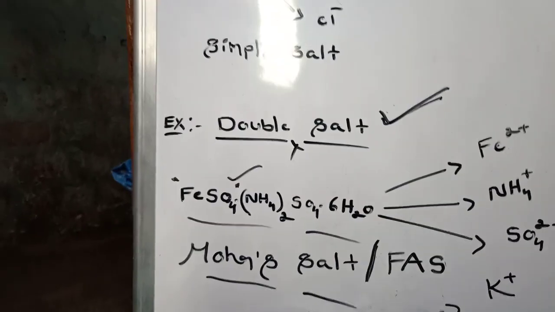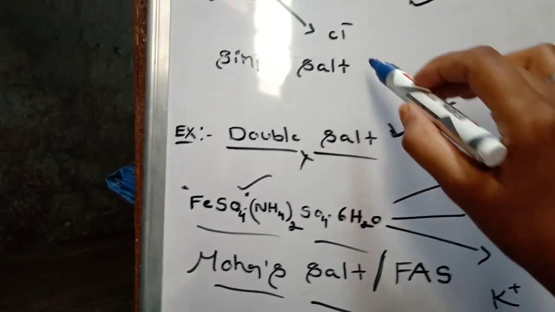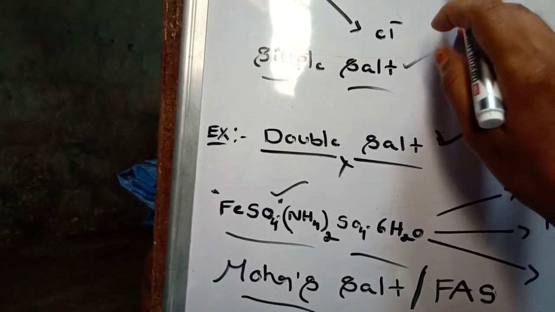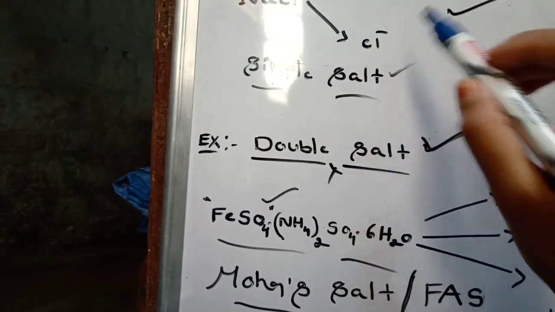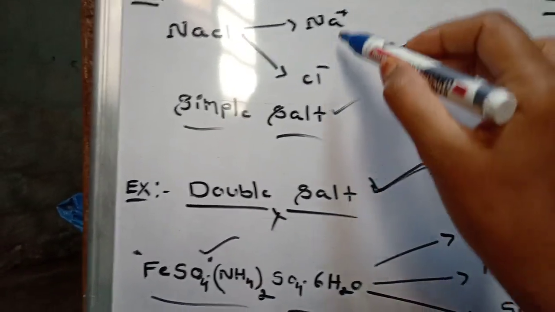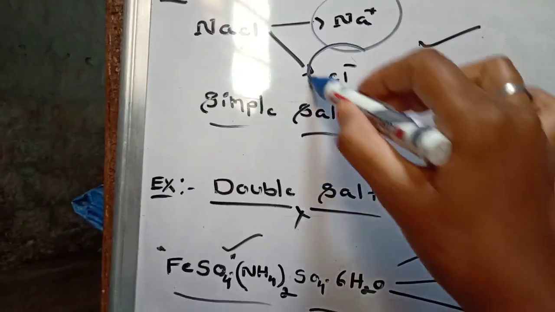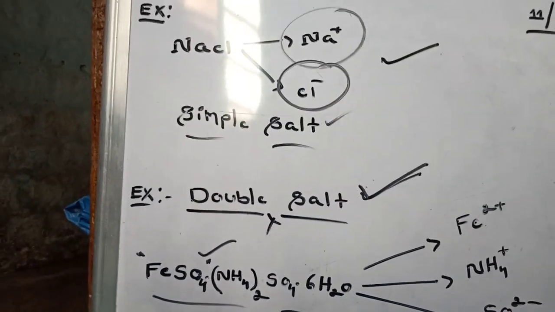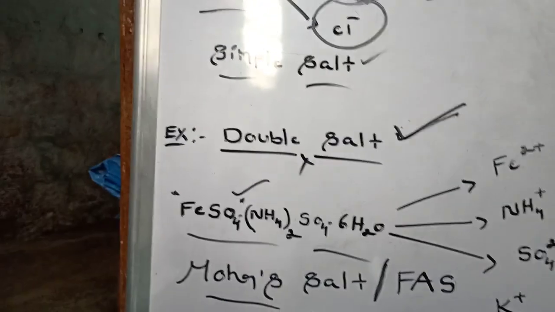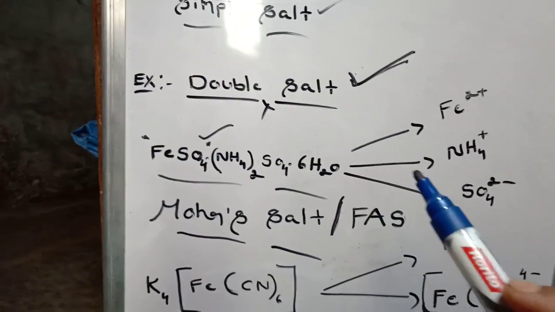I already explained in simple salt analysis: what happens after adding water into the container containing NaCl salt? Dissociation takes place. Dissociation means it gives constituent ions with respect to that NaCl salt. In the same method I am applying here for the double salts.